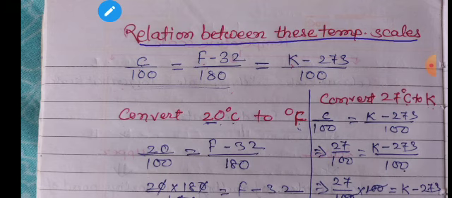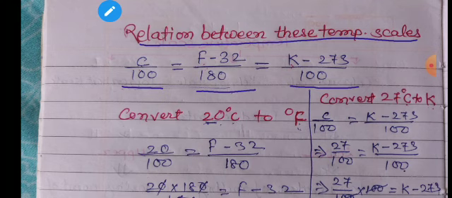If C, F, and K are the temperatures of an object on the Celsius, Fahrenheit, and Kelvin scales respectively, the relation is given by C/100 = (F − 32)/180 = (K − 273)/100. This is the main relation between Celsius, Fahrenheit, and Kelvin.